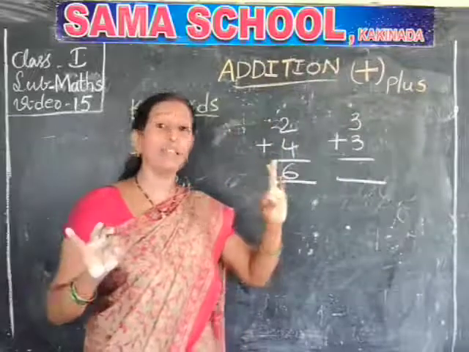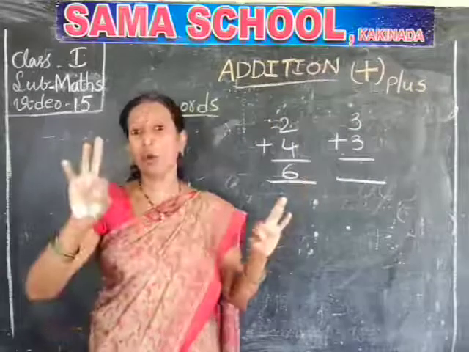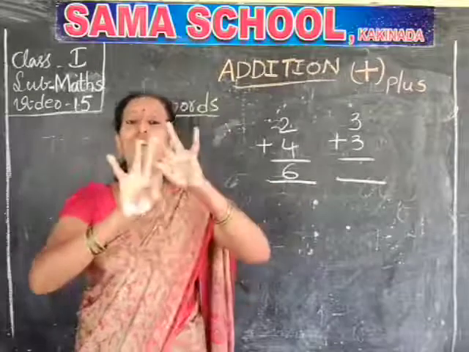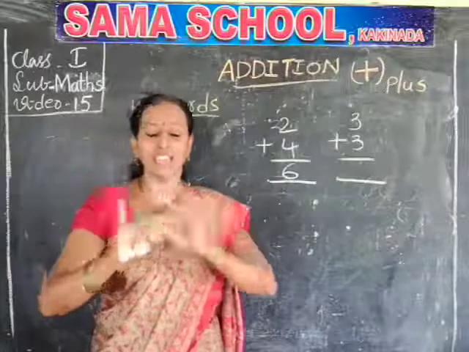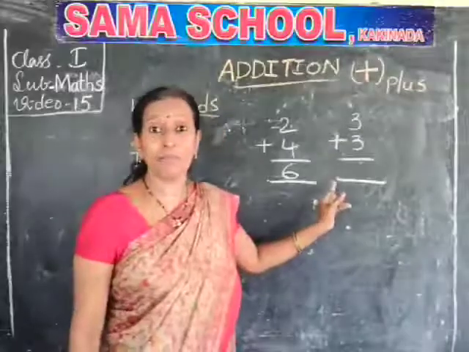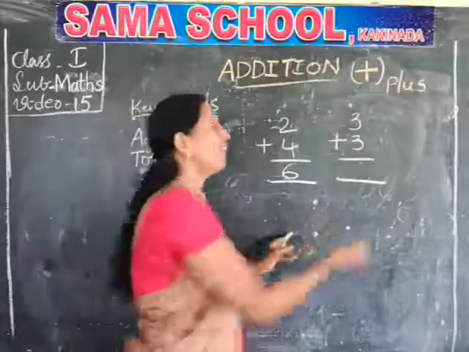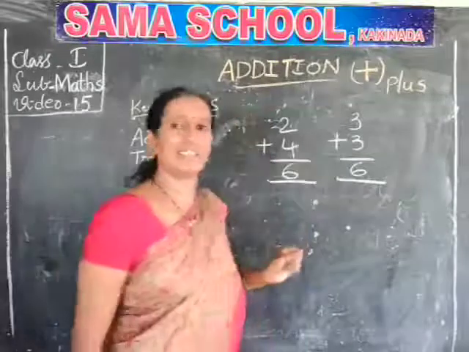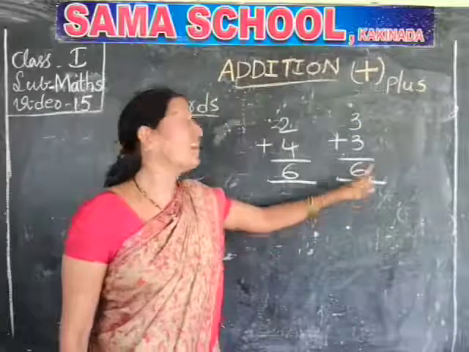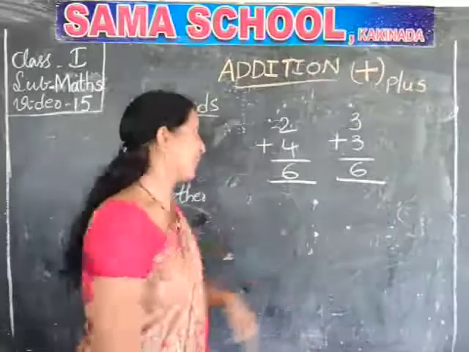And how many more are you adding? 3 more. So 1, 2, 3 and 4, 5, 6. So what number are you getting? 3 plus 3. The sum is 6.